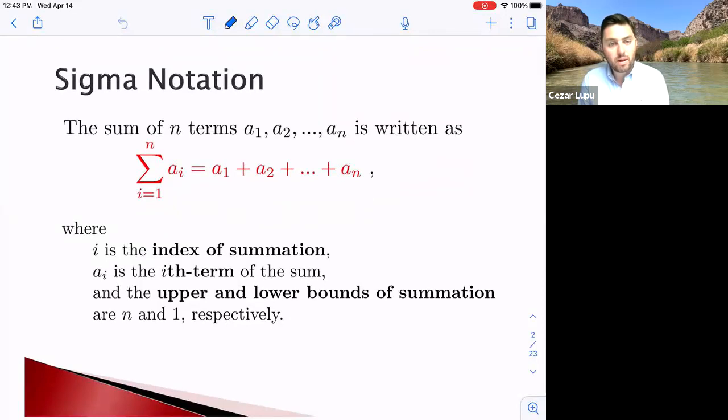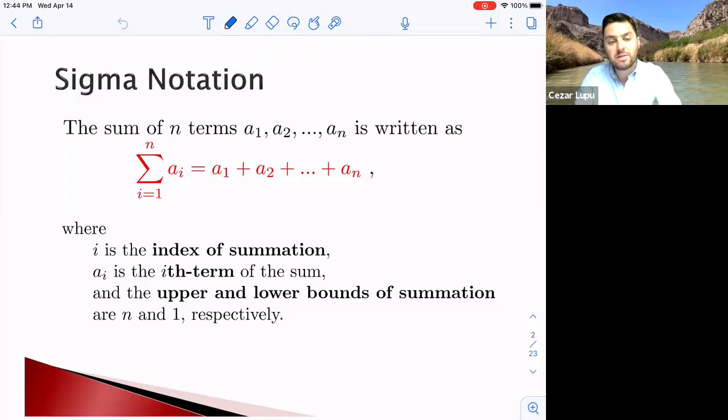So the sum of n terms, let's say a1, a2, an, is written as that symbol over there that you see. It's called sigma, from the Greek letter sigma. And it says the following: sigma of ai with i going from 1 all the way to n.